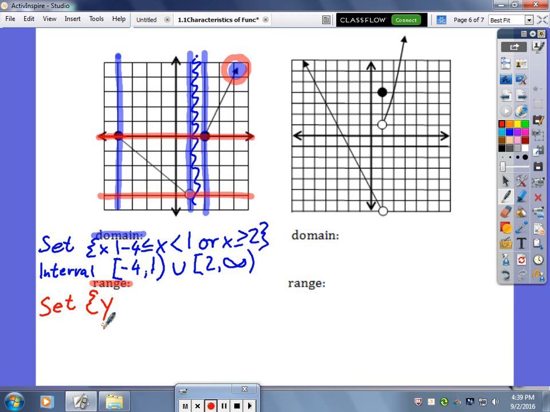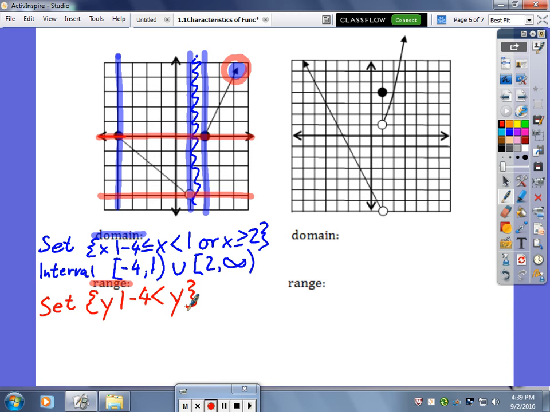y such that -4 is less than, not equal to, due to the open circle, y, and that's it.